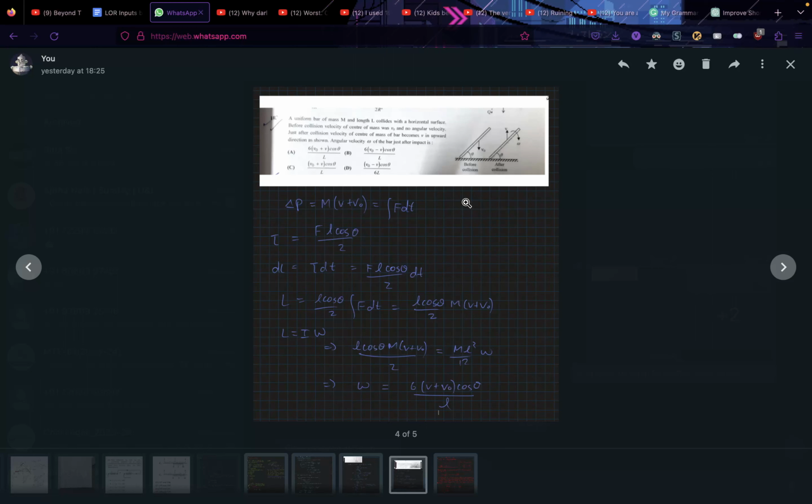Then you wrote L is equal to the integration of this factor, dL is equal to tau dt, change in torque. So tau dt, not d theta. Okay, and then you have L is equal to I into omega. Yes, sir.